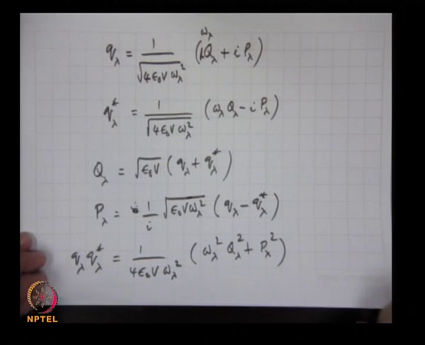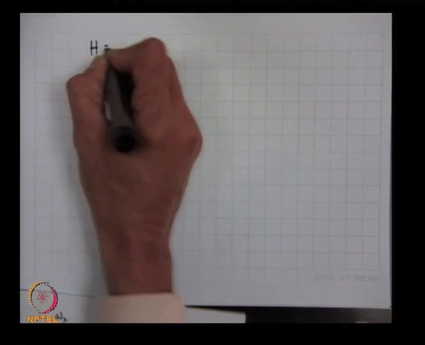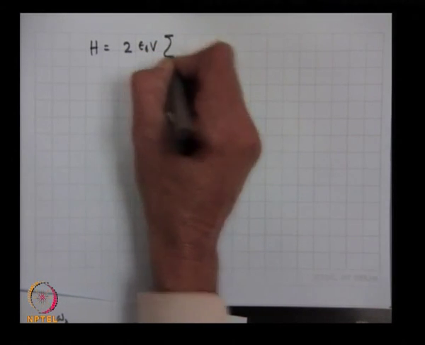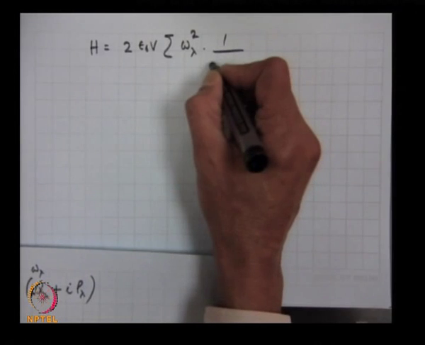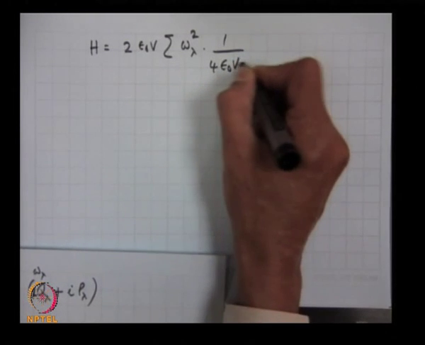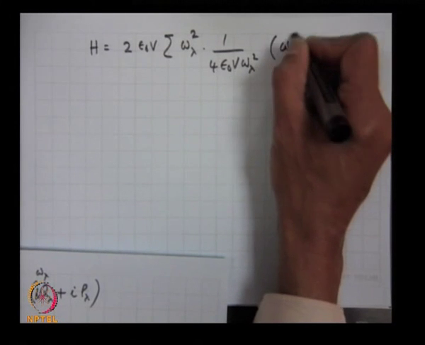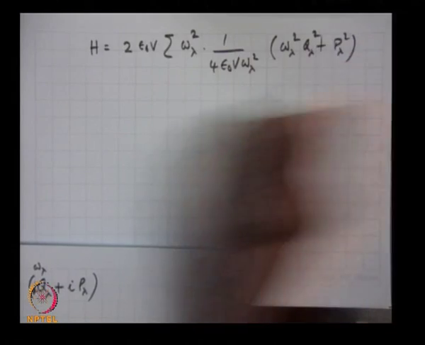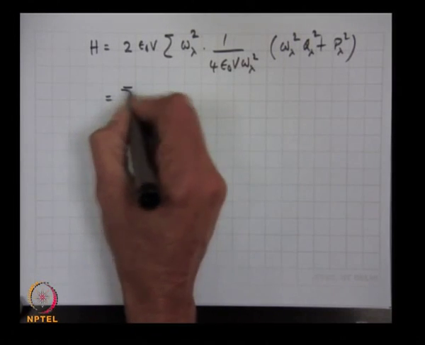So I can write the Hamiltonian now, replace Q lambda star Q lambda by this, and so the Hamiltonian becomes H equal to 2 epsilon 0 V sigma omega lambda squared into 1 by 4 epsilon 0 V omega lambda squared into omega lambda squared q lambda squared plus p lambda squared, which is equal to sigma.